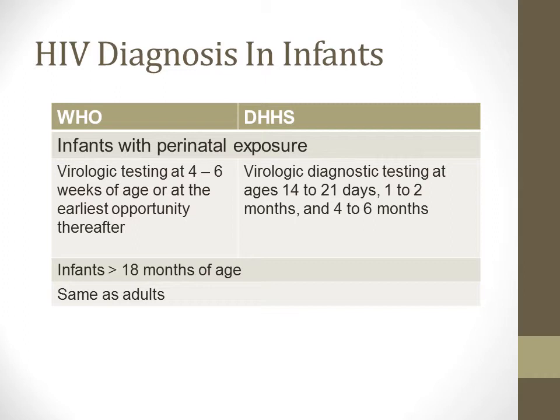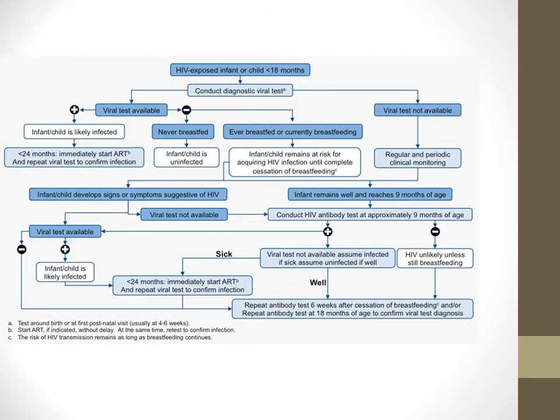They want you to do it within 14 to 21 days, repeat after 1 or 2 months, and then after 4 to 6 months. If a child is greater than 18 months of age, the testing should be done the same as in adults.